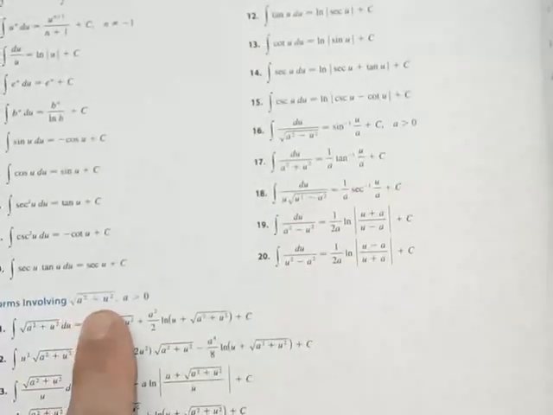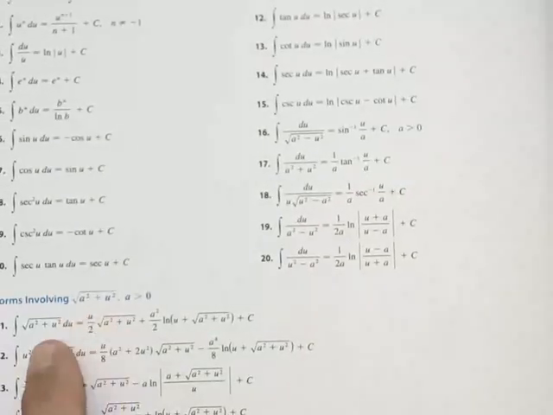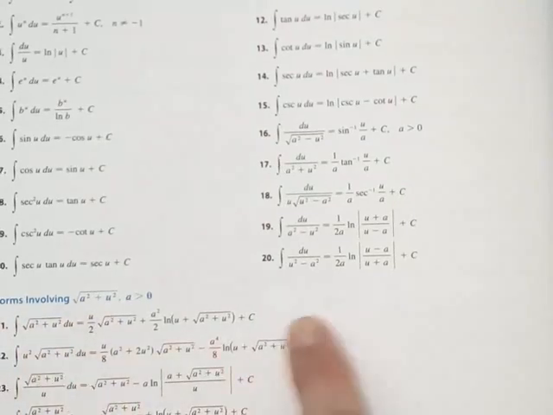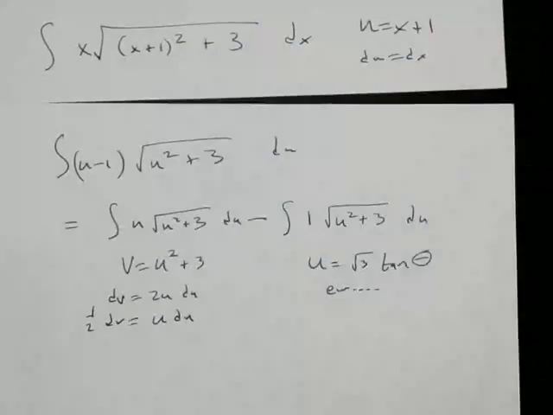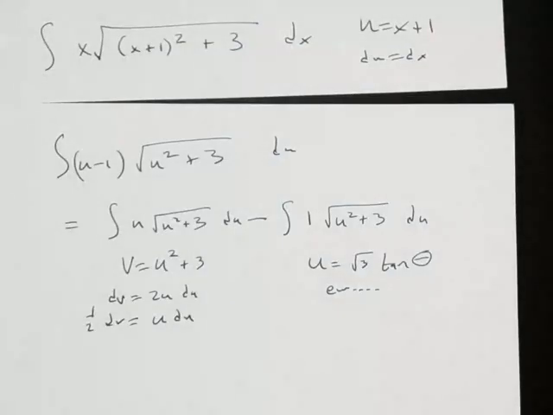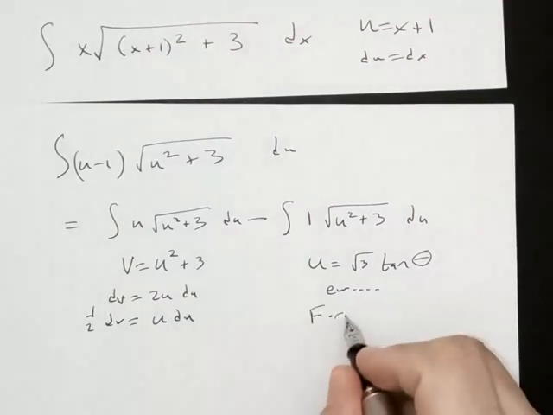Forms involving a squared plus u squared. And that very first one, square root of u squared plus a squared, is exactly what I want to use. So I can use this formula instead of doing that trig substitution. So I can go back over here, and I can write directly below that formula number 21.